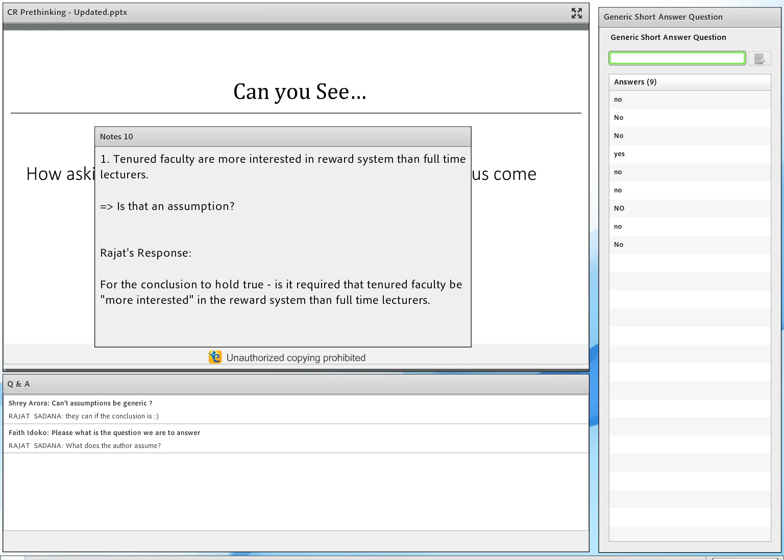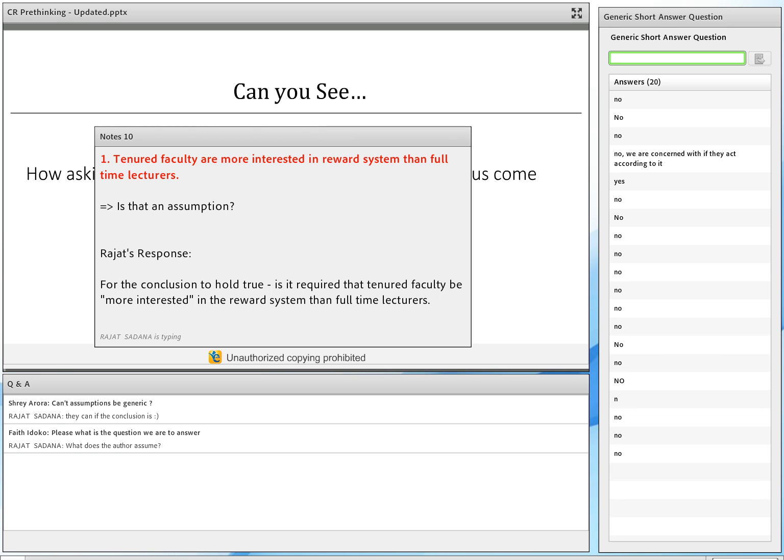No, it is not required. As long as they are interested, they're going to behave as per it. So that is why this statement is not a correct assumption. Why? Because it's not must be true, and that's the must be true nature of the assumption.